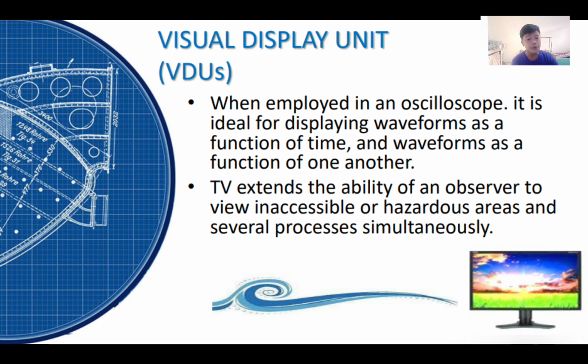As a summary, when employed in an oscilloscope, it is ideal for displaying waveforms as functions of time and waveforms as functions of one another. Television extends the ability of an observer to view inaccessible or hazardous areas and several processes simultaneously.